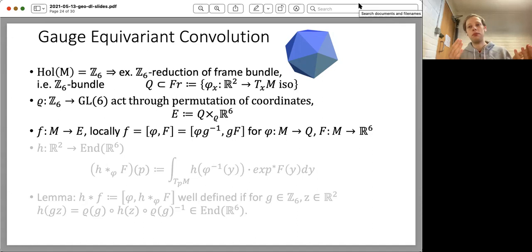But because it's intertwined by this representation rho, or modded out by this action of rho, phi comma F is literally the same element as if you multiply with these G inverses and Gs.